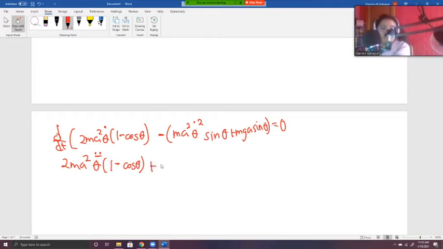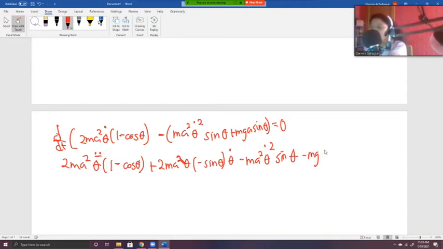So this would be 2ma squared theta double dot, 2 dots here, minus cosine, plus 2ma squared theta dot, minus sine theta theta dot, equals ma squared theta dot squared sine theta, plus mga sine theta equals 0. Hello?